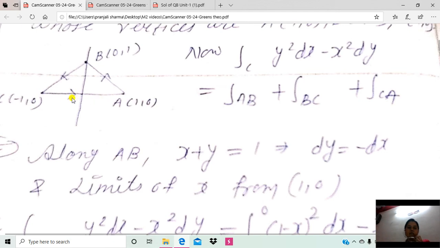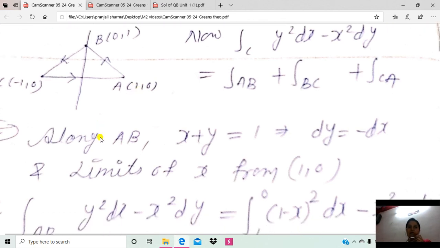So in place of y we have to put 0, in place of dy we have to put 0, and the value of the limits of x will be from minus 1. This is the starting point and this is the ending point. Since in vector integration we have to use the anti-clockwise direction, therefore the limits will be from x is equal to minus 1 to x is equal to plus 1.